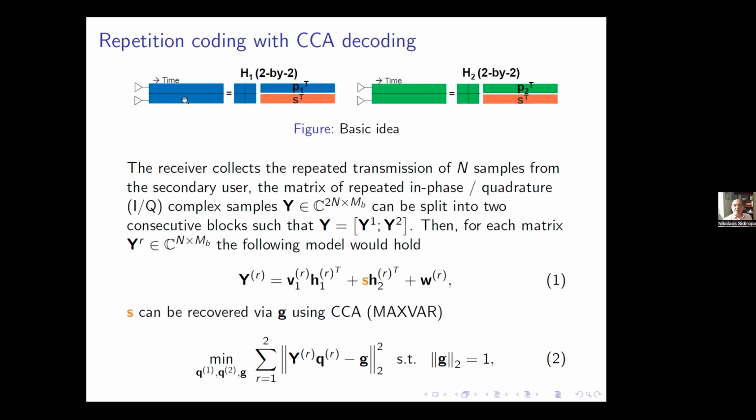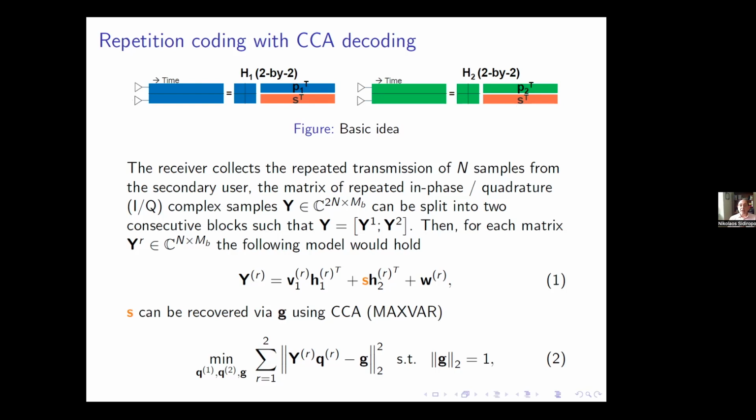So this matrix, for example, the columns of this matrix live in the space spanned by S transpose and P1, or by S and P1, if you transpose things. This one in the space spanned by S and P2. So there is a key property for this pair of matrices: with probability 1, unless P2 is the same as P1, or proportional to P1, in fact, which will not happen.